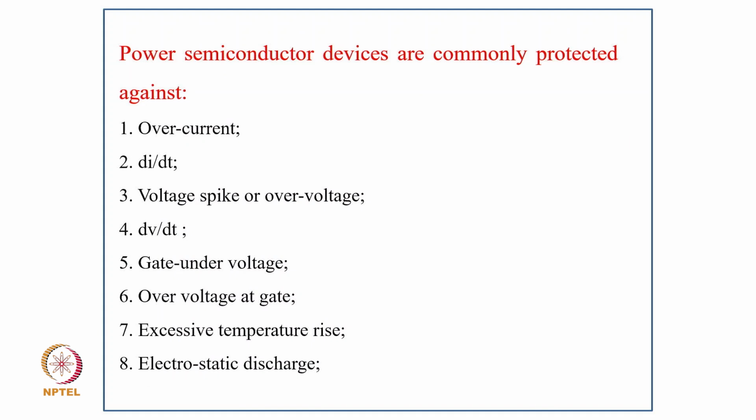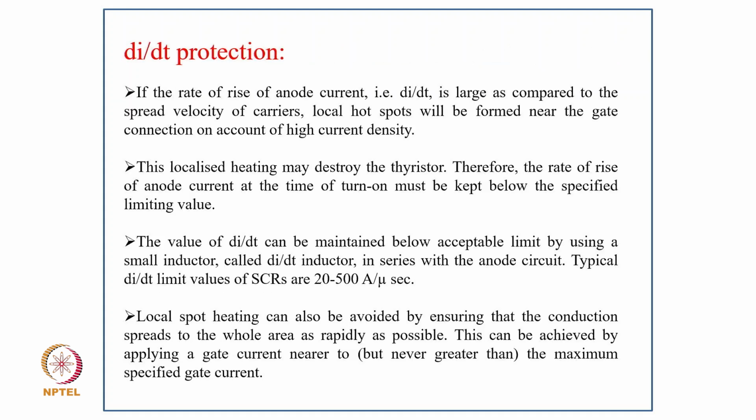Now, power semiconductor devices are commonly protected against overcurrent and rate of change of current di by dt, voltage spike or overvoltage or dv by dt, gate undervoltage or overvoltage at the gate, excessive temperature rise and electrostatic discharge. So we have to protect against all these phenomena.